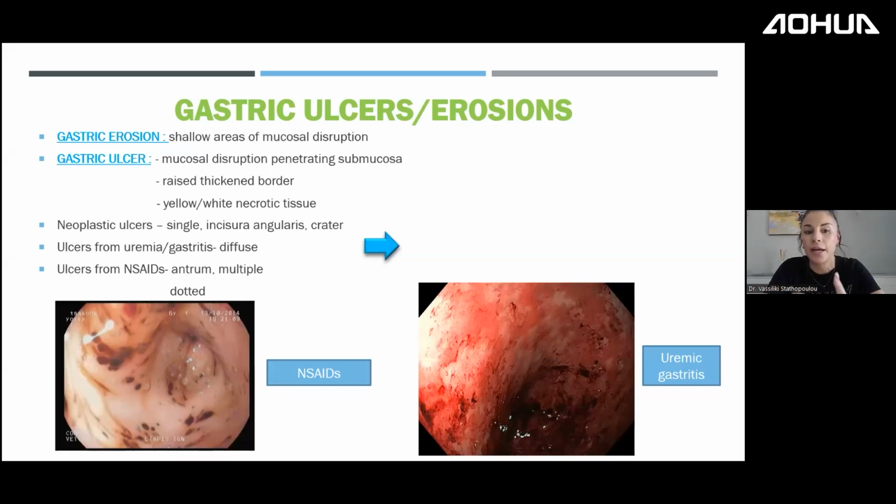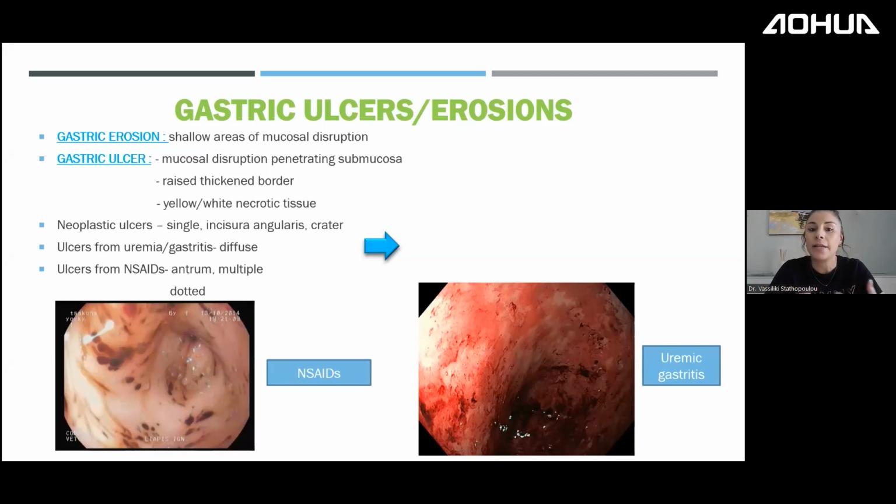Of course, we have gastric erosions, where the hemorrhage and the ulceration is not that deep. It's superficial, more shallow areas of mucosal disruption. And we have gastric ulcers when we have a deeper disruption of the mucosa.